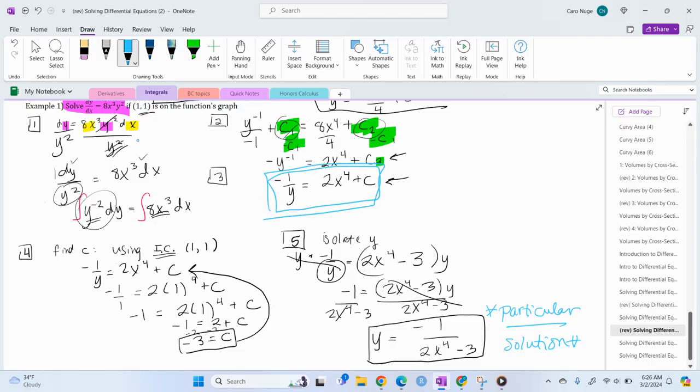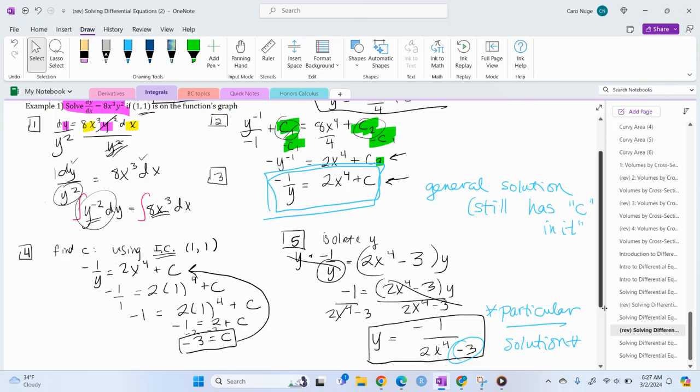Like if you were just to solve for y at this point, that would give you a general solution, where your general solution would still have a c in it. So your particular solution is whenever you solve for your c value and it's just one single curve that goes through the slope field and goes through that initial condition.